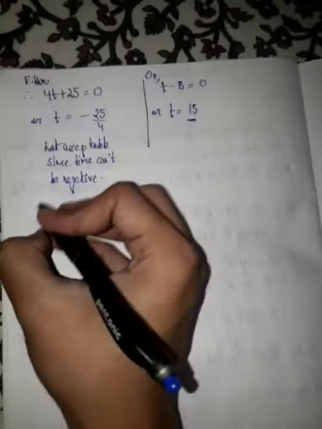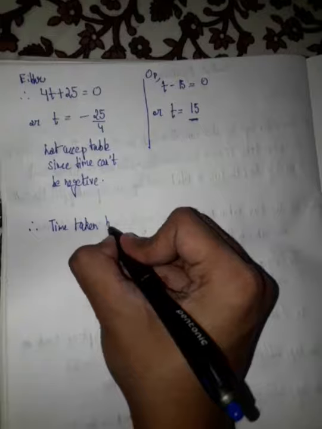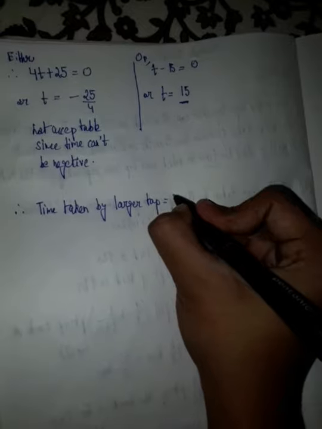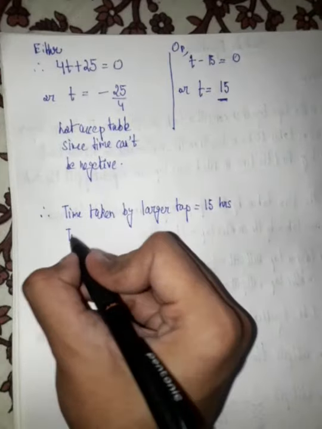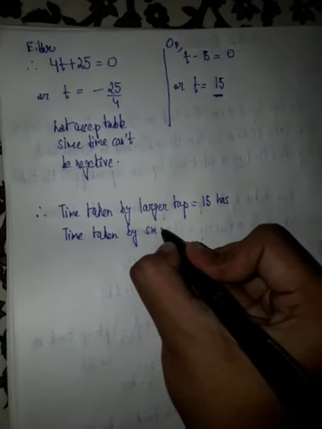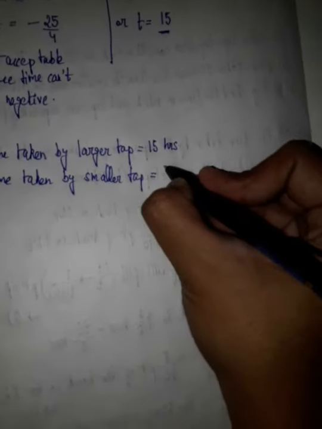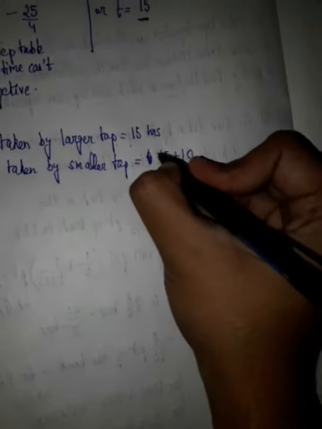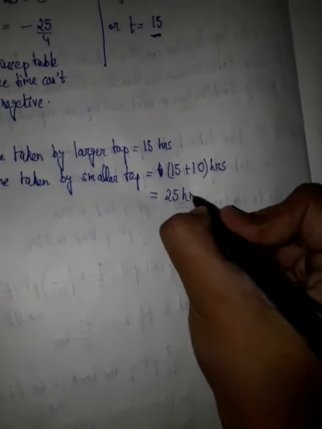Therefore, time taken by the larger tap equals 15 hours, and time taken by the smaller tap equals 15 plus 10 hours, that will be 25 hours.